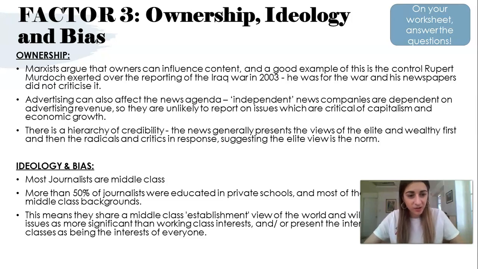And they argue that because they bring on the elite and the wealthy first, the audience will see that elite, wealthy person's opinion as the norm. Then when critics and radicals come on afterwards, they are not seen as the norm. So how it's presented, and what is presented first, will impact what people think about a certain issue.